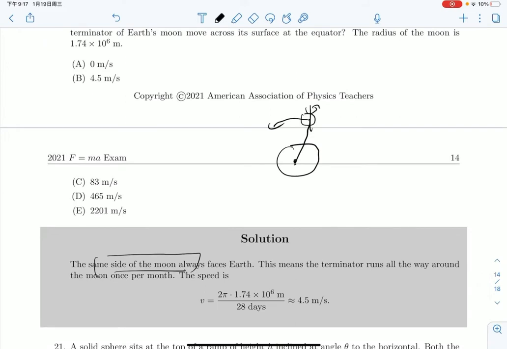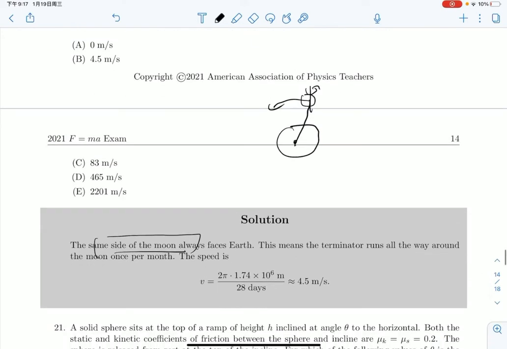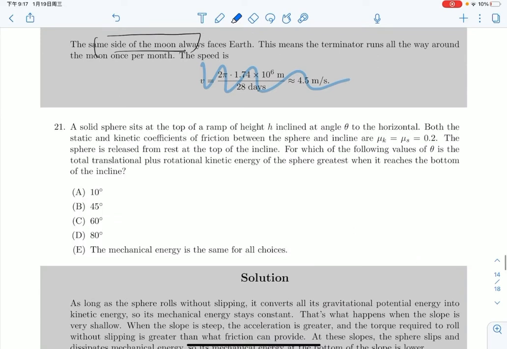So the velocity is equal to this. I think that's stupid, I don't really like this question. Moving on to question 21.